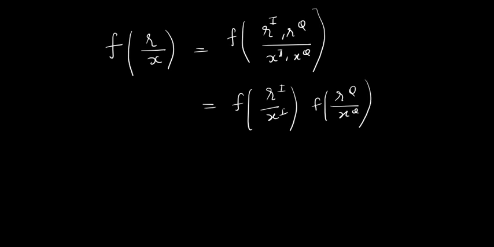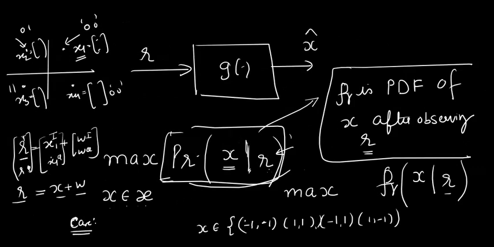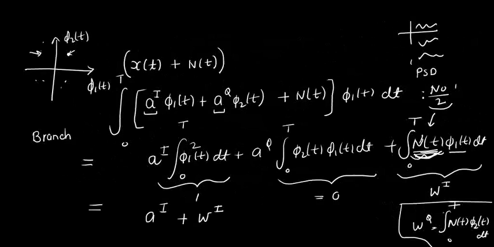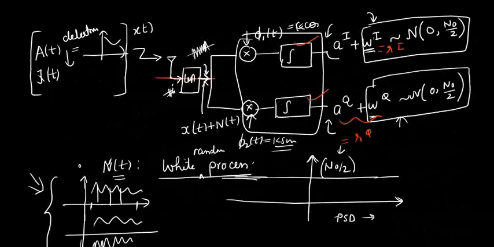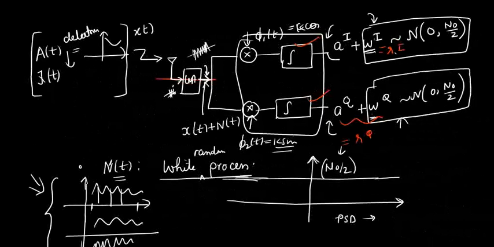Both are independent. The in-phase received signal depends only upon what was sent in the in-phase component, Xi. Similarly for what you receive in quadrature. Just one thing: here Ri depends upon Wi only, and Rq depends upon its own part only, I mean what was present in phase or quadrature phase.